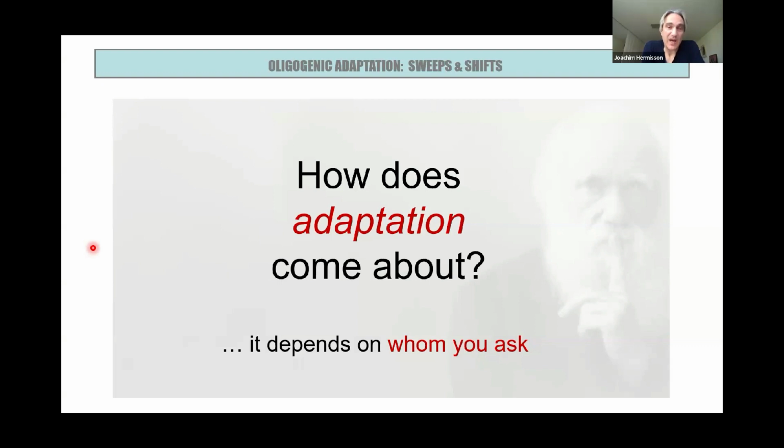But now, if we ask what is the state of affairs with adaptation, or how does adaptation come about, this picture or narrative still very much depends on whom you ask.